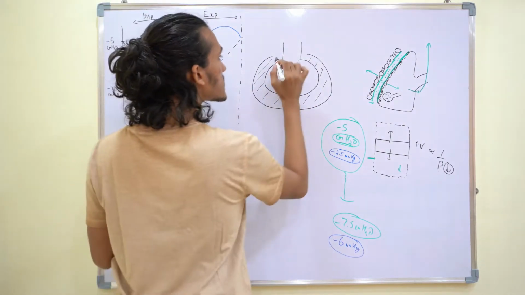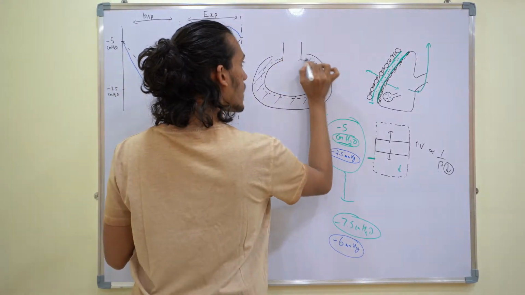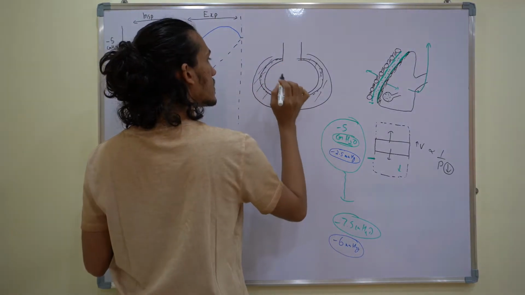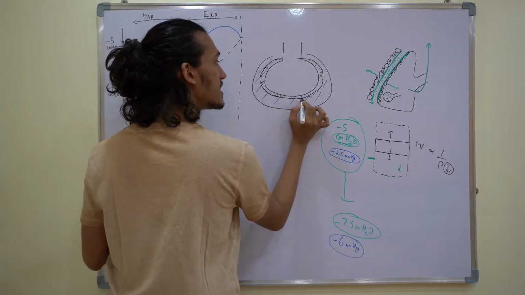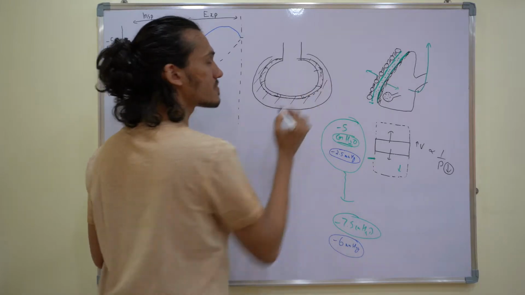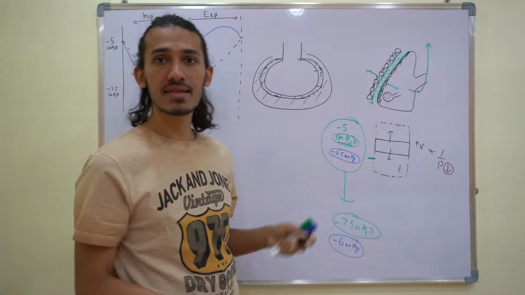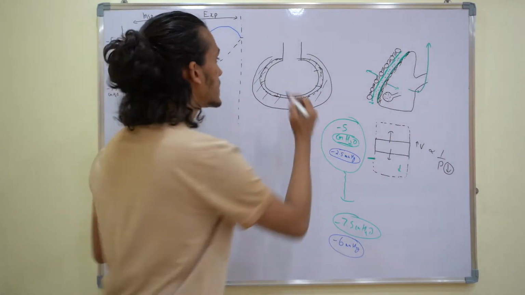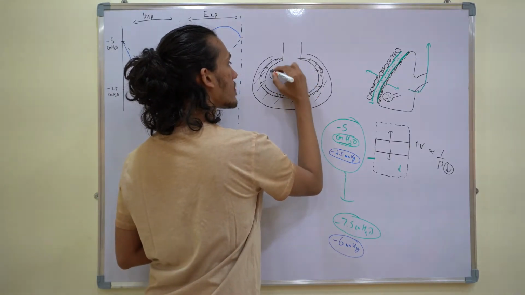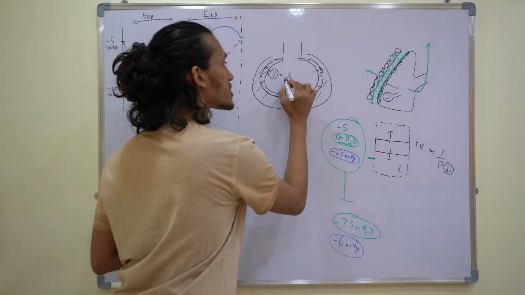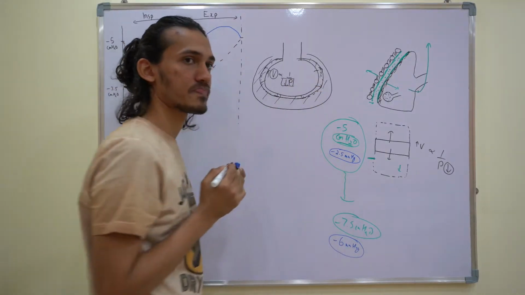So because this gets pulled and it becomes larger, again your Boyle's law comes into play. So the volume increased. So what happens when the volume is increased? The pressure inside drops. The volume increased, the pressure inside drops.